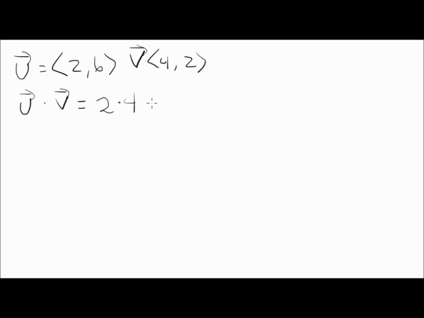So we've got 2 times 4. Then we're going to take our B and our D, so we had 6 and 2. So we have 6 times 2. We all know that 2 times 4 is 8, and 6 times 2 is 12. And 8 plus 12 is going to be 20. So our answer is just the scalar 20. It's not a vector. It's just a constant 20.